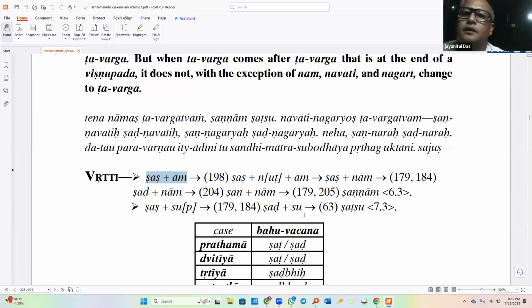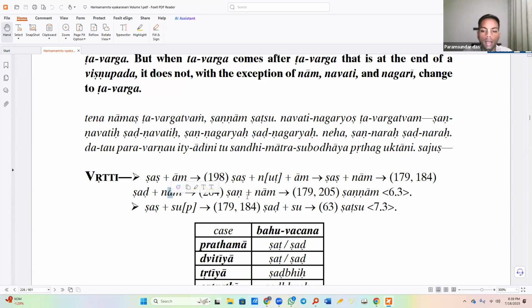Rashananta Sankhyaabhyo Nudami Swarte. Nudami Swarte. So Shash, Am, following. So we insert note. And Shash plus Nam Tidagama Parasambandhi. Then Purvasya Vishnu Padavatvam and Shasyada. So we get Shat plus Nam.